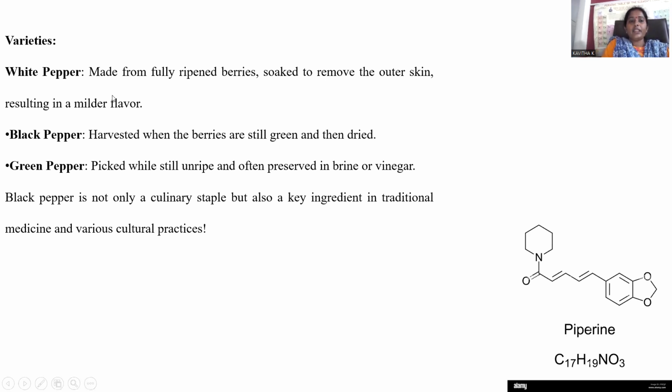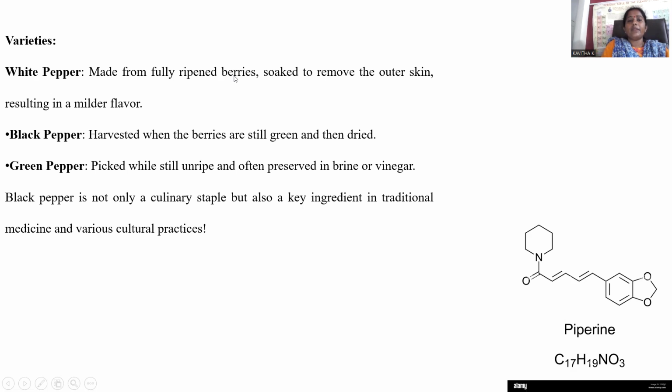White pepper will be there. It is made from ripened berries. So here berries are used to extract this white pepper, soaked to remove the outer skin, resulting in a milder flavor, right? So whenever it is soaked in water, the entire outer layer will be removed, and we will extract this white pepper. Next is black pepper, harvested when berries are still green and then dried.